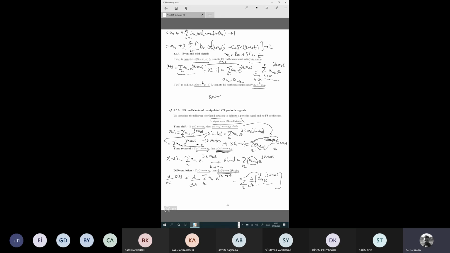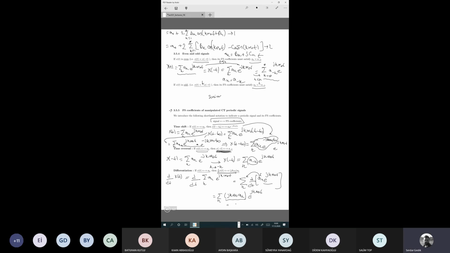And the derivative of e to power j k omega 0 t is j k omega 0 times itself. So if I continue, I get the summation over k of j k omega 0 ak e to power j k omega 0 t.